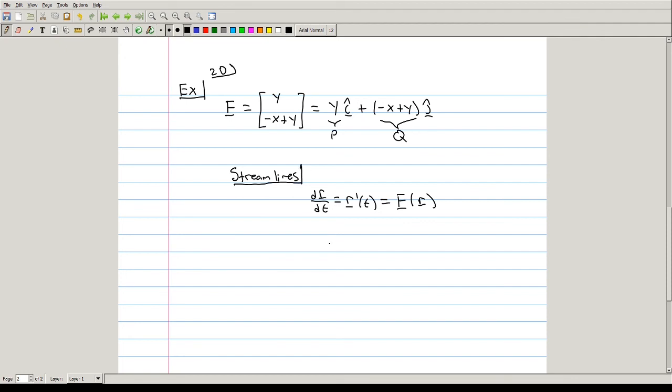And in 3D, this denotes three differential equations. The first one is dx dt is equal to p of r, dy dt is equal to q of r, and dz dt is equal to r of r. And this is a system of three first-order ordinary differential equations.